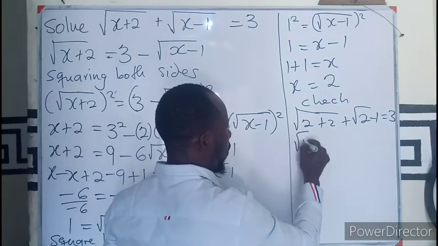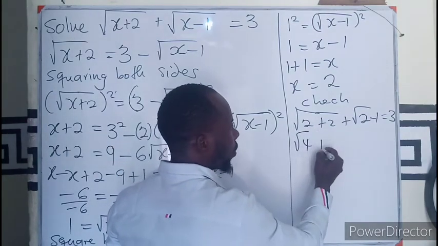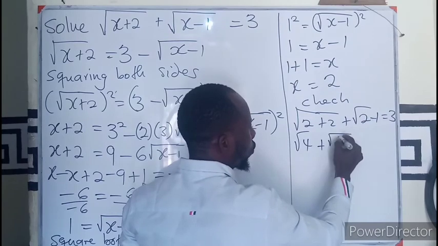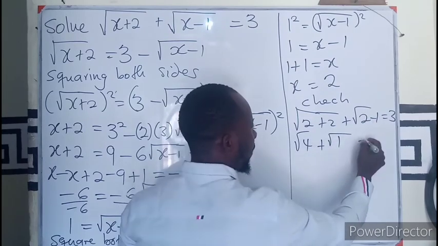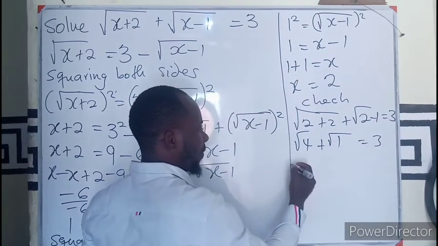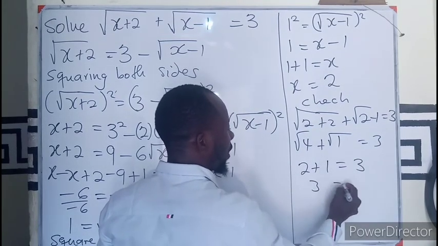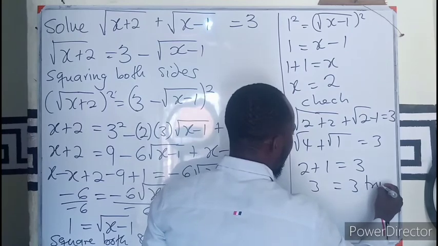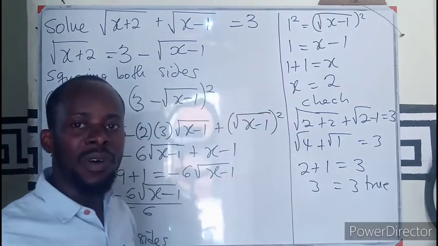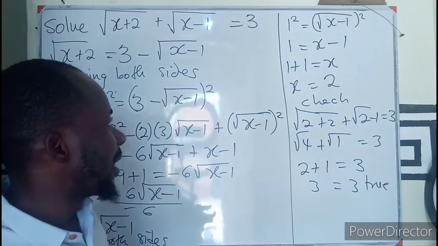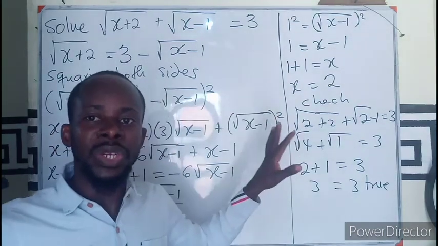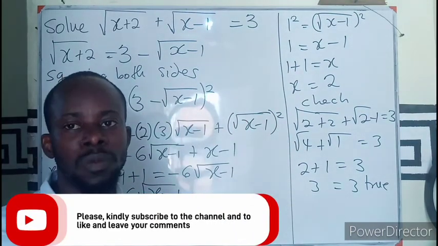So this will be root 4 as in 2 plus 2. That is going to be root 1 as in 2 minus 1 equals to 3. I believe this will give you 2. This will give you 1. So 3 equals to 3 is a true statement. Therefore, the value of x that can satisfy this equation is 2.